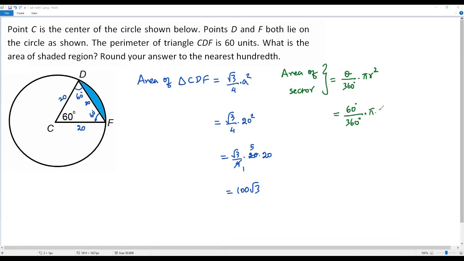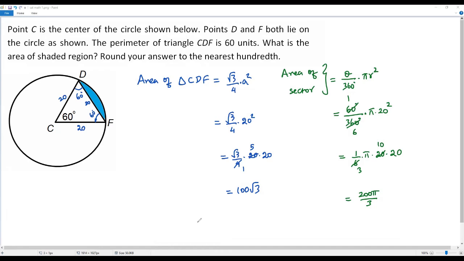Let me plug in 20 for r. Here 60 goes into 60 one time, and 60 goes into 360 six times. We get 1 over 6 times pi times 20 squared, which can be written as 20 times 20. Here 2 goes into 6 three times, and 2 goes into 20 ten times. Here 1 times pi is pi, pi times 10 is 10 pi. 10 pi times 20 is 200 pi divided by 3. Here I got the area of the sector as well.